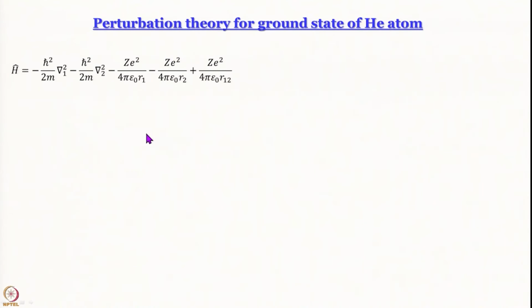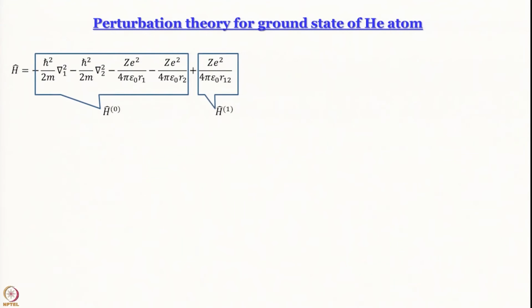I do not understand this. Why have I not written it in atomic units? I do not believe I did that after saying all that. Anyway, let us go ahead. So, this here is the 0th order Hamiltonian, okay. And what is z square by 4 pi epsilon 0 r12, or in atomic units z by r12, that is the first order correction to Hamiltonian.